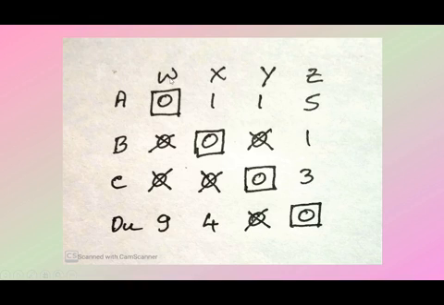Now first column has 3 zeros, second column has 2 zeros, third column has 2 zeros. So coming to the second column, first zero that I encounter, I make an assignment, cross the zeros in the same row and same column. So now third column has a single zero and first column has 2 zeros.